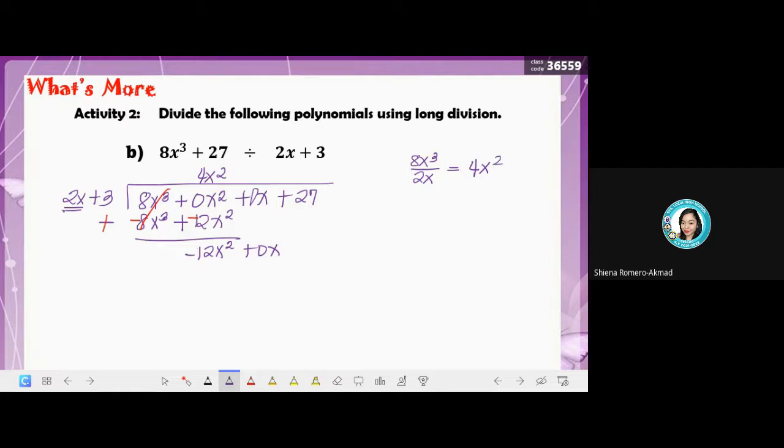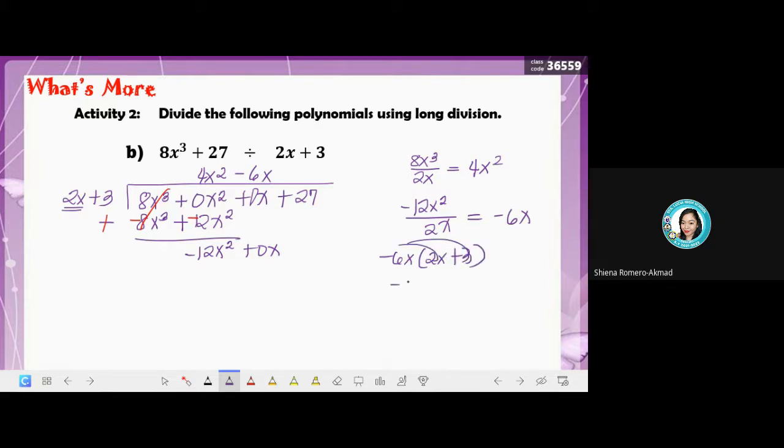Ito, divide natin ng 2x. So, magiging negative 12x squared divided by 2x. Negative 12 divided by 2 is negative 6. Bawasan natin ng isang x yung exponent niya. We have negative 6x. Multiply natin both sides, negative 6x times 2x plus 3.